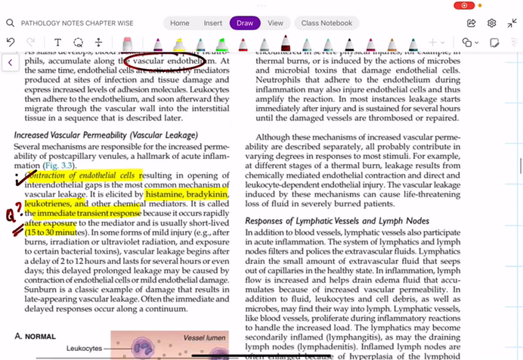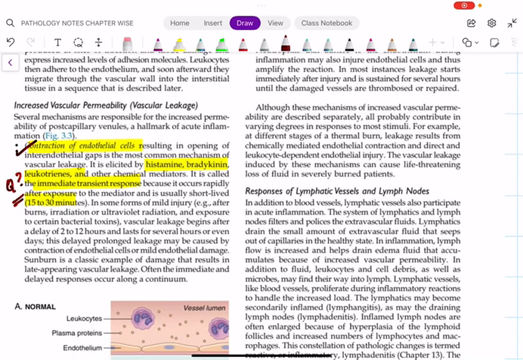In case of some mild injuries like UV radiation or bacterial toxin, this leakage is a little bit delayed. Instead of 5 to 15 minutes, it becomes 2 to 12 hours. The earlier one lasts only a few minutes, short-lived, which is why it is immediate transient. But here it occurs after some 12 hours and is long-lasting.